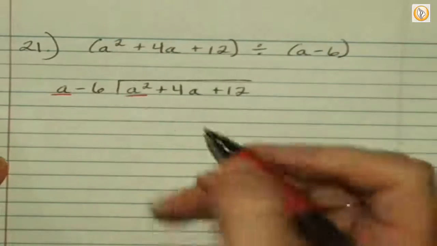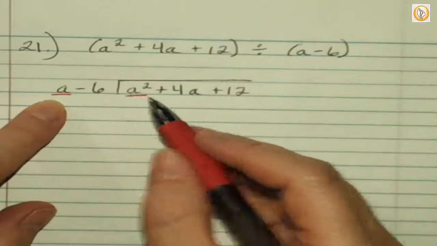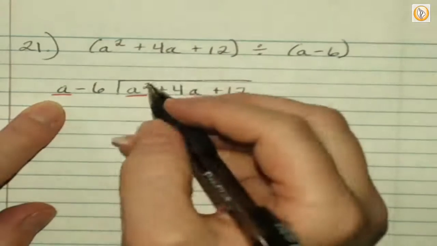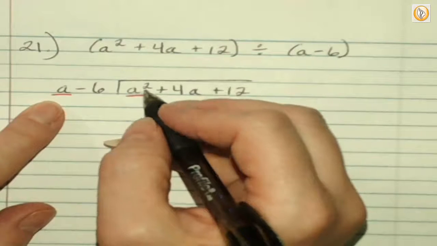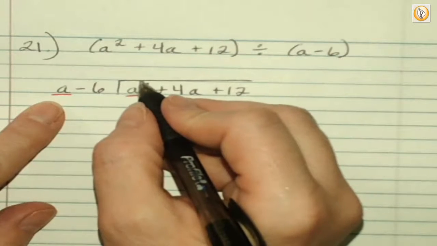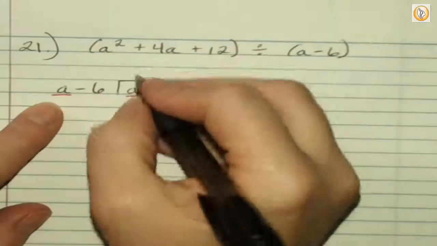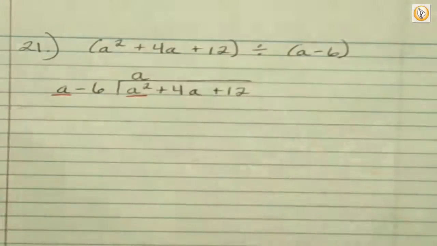Valeria, we're looking at these two terms only. How many times does a go into a squared? Well, there you go. A, perfect.